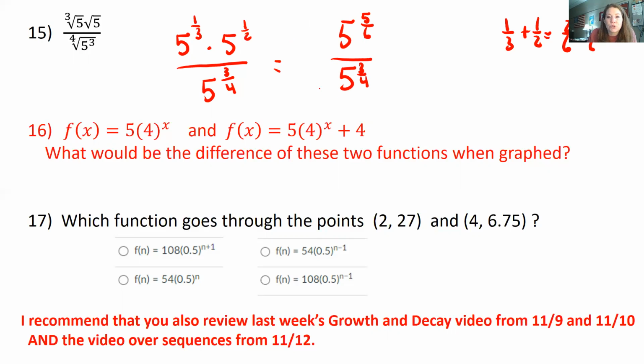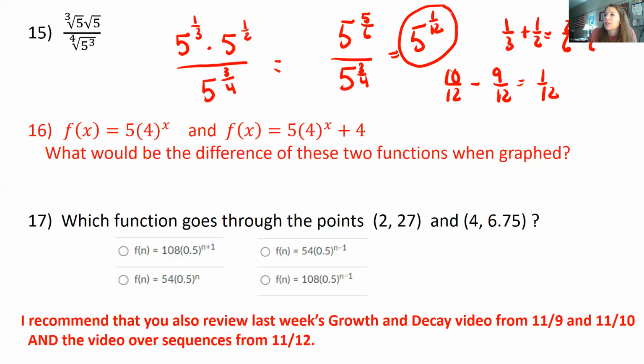The rule is to subtract exponents. So once again, we could use a 12 for our denominator. So we're going to have 10/12 minus 9/12, which is 1/12. So the final answer is 5 to the 1/12 power.